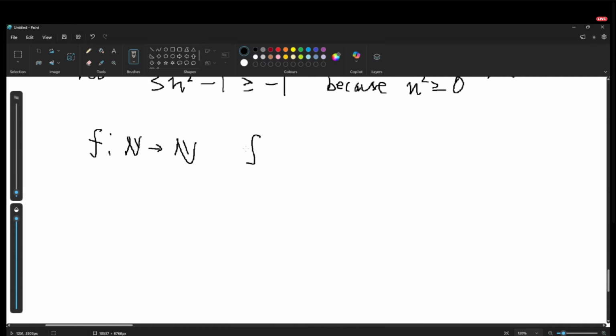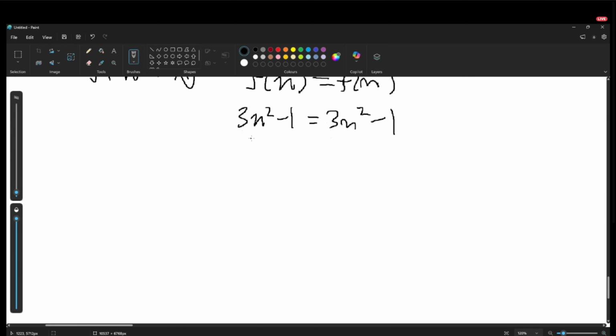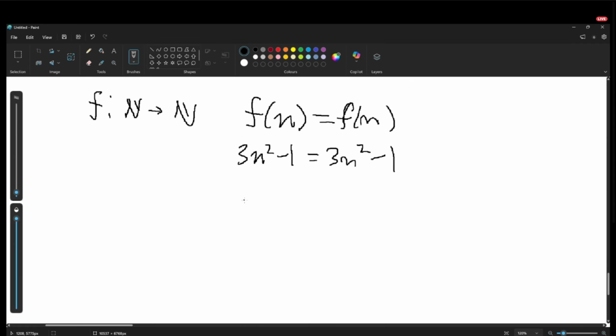And you can actually see that if f of n equals f of m, then that means that 3n squared minus 1 equals 3m squared minus 1. So then n squared has to equal m squared. And because we're dealing with only non-negative things, that exactly implies that n is equal to m. So it is injective if we're dealing with only natural numbers here.